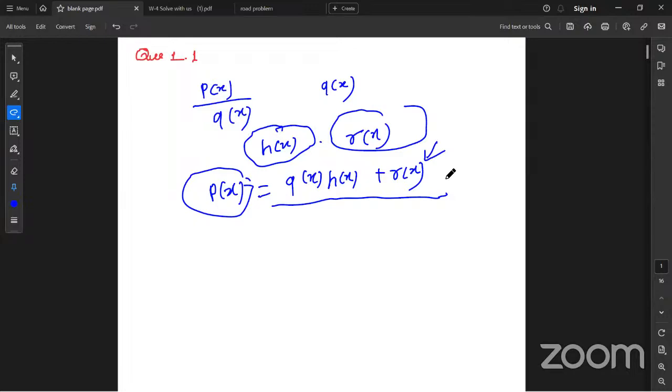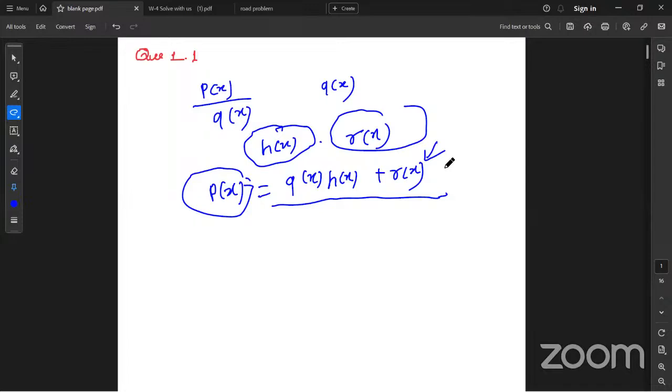We know that the degree of the zero polynomial is not defined, so we are not considering that particular case. Here we are considering that the remainder term is non-zero.